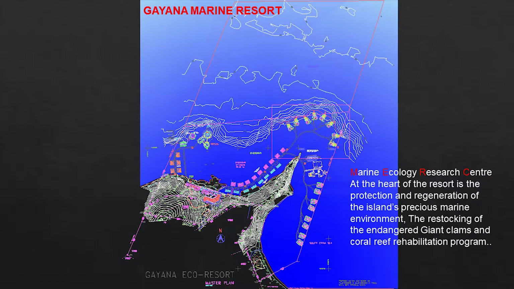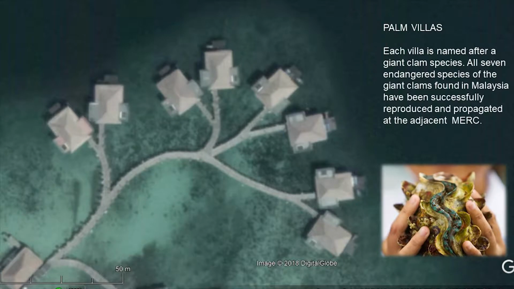The significance of this development is the protection of the environment and taking care of the corals. And this is the Palm Villa, we call it the Palm Villa. There are 8 of them, and each is named after a giant clam.